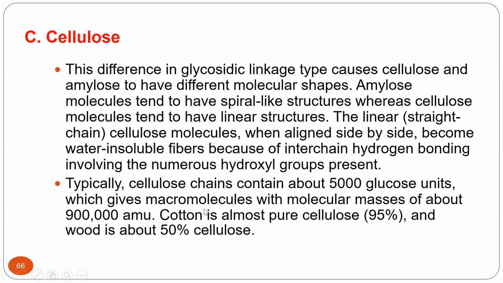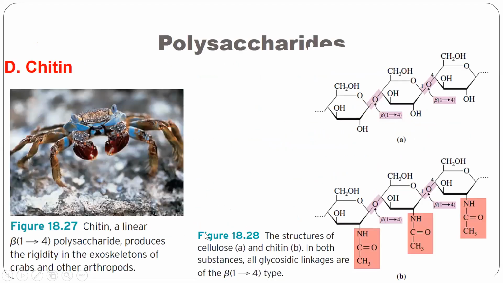So usually you have cotton, which is almost pure cellulose. Examples of our cellulose are cotton, used in some of our textiles. Cotton is almost purely cellulose, 95%, and wood is about 50% cellulose.